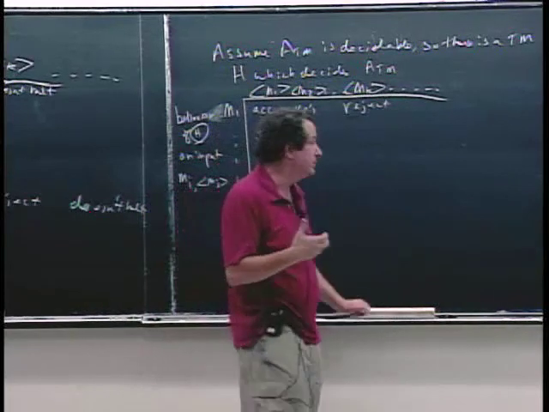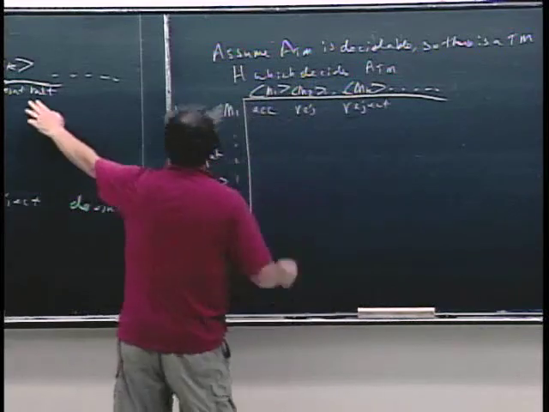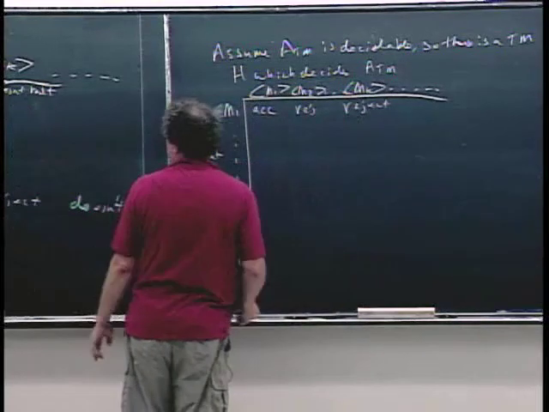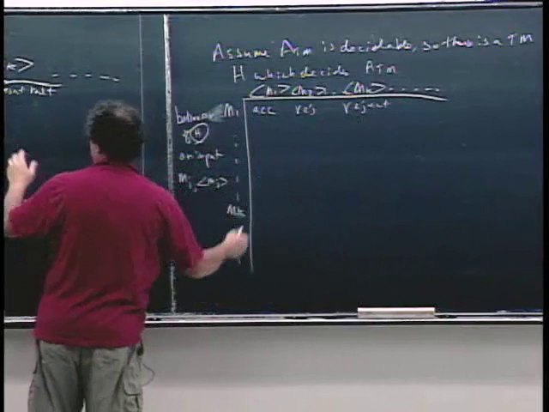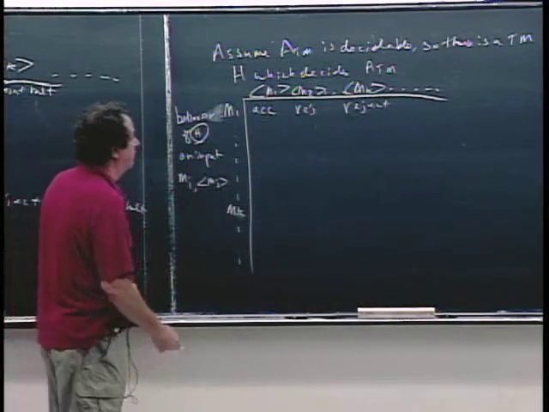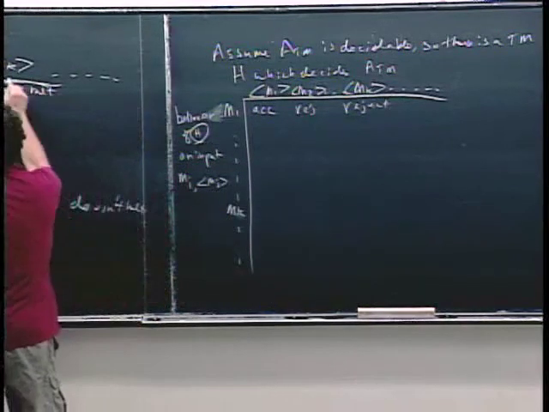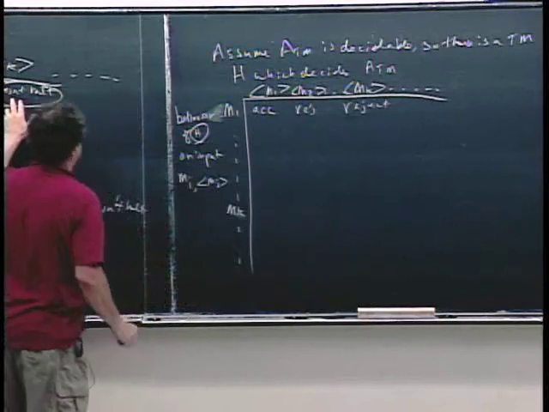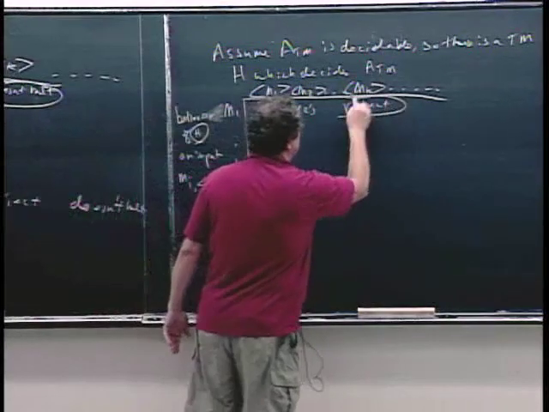Okay? That's what doesn't accept means. So these two possibilities translate to reject. So this table is identical to this table, except in those places where this table has a doesn't halt, this table will have a reject.